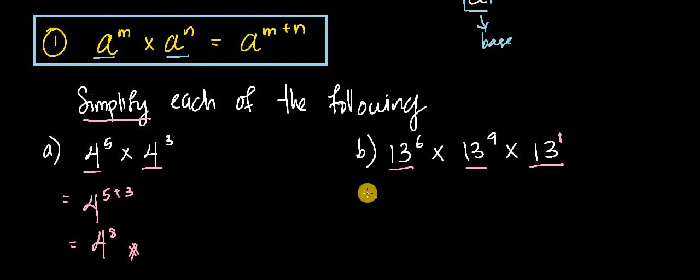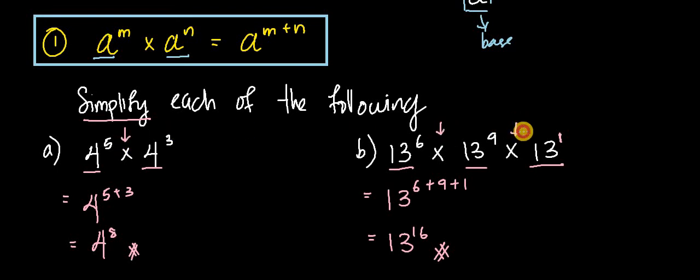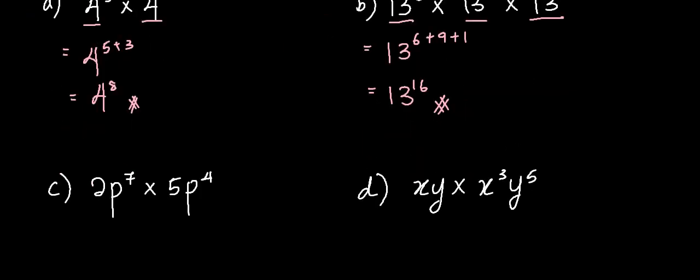Since all the bases are the same, the base is 13, and the power I can add: 6 plus 9 plus 1. Hence here I will get 13 to the power of 16, and this is simplified. So remember, if your base is the same, you can add the powers if there is times in between them. Alright, you must have multiplication in between them.